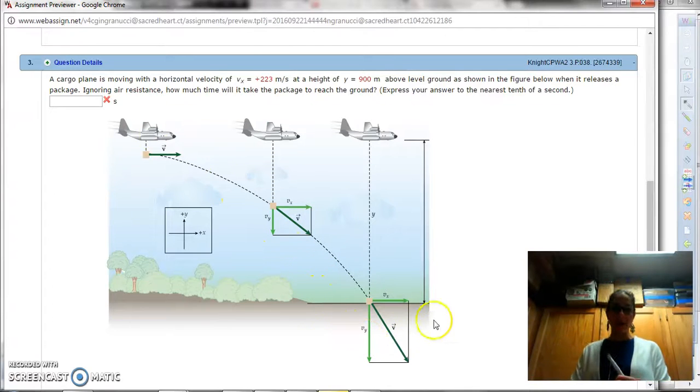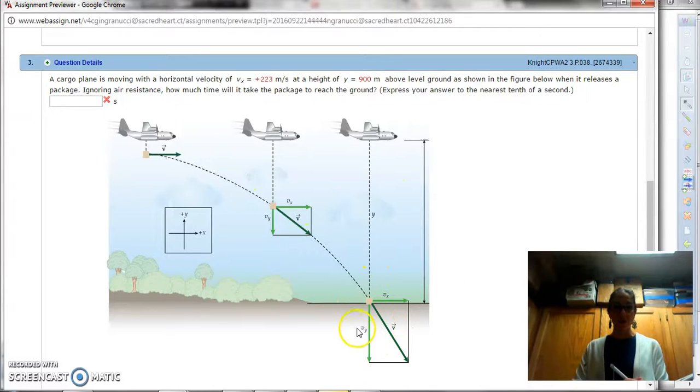I'm going to take an extra step here, because I like this visual: when it strikes the ground, it's going to have two velocities. If I put a force sensor or a motion sensor right here, it's not going to measure just Vx or just Vy, it will measure the two of them. Notice that it makes a triangle. So I'm going to show you how to solve for the impact velocity at the bottom here.